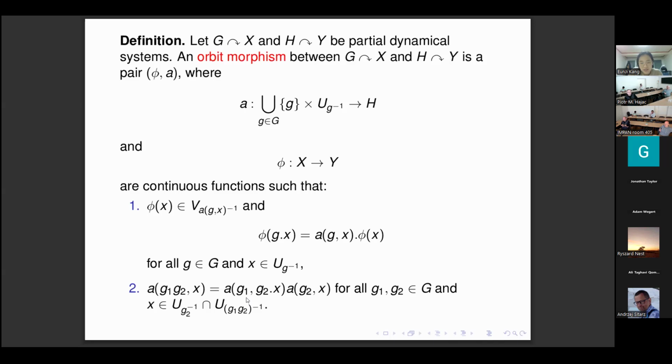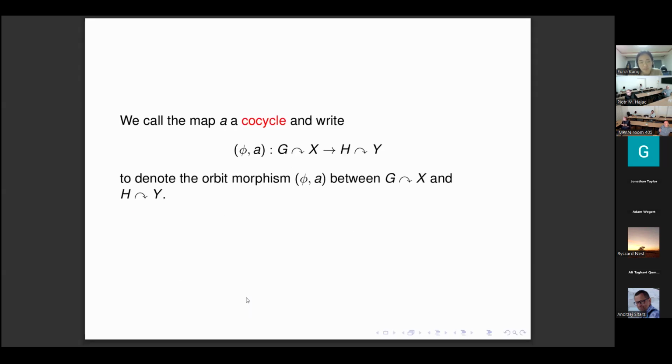Actually, this orbit morphism later gives a homomorphism between the associated transformation groupoids. Before introducing it, first I will say we call the map A a cocycle and write (P, A) to denote the orbit morphism between these two partial dynamical systems.